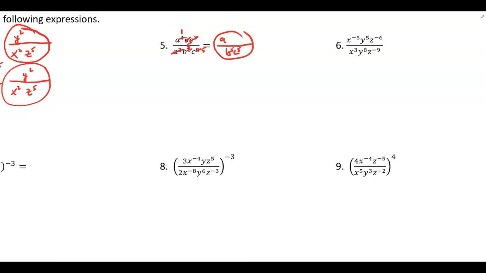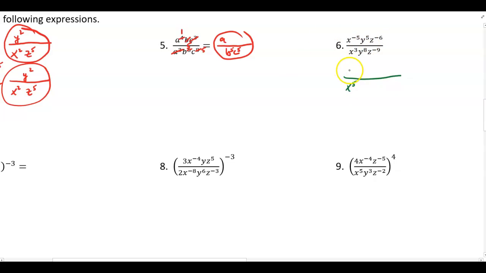Now the next one, what I like to do is first get rid of negative exponents. I go to each factor in the numerator and denominator and determine if the exponent is positive, it's going to stay. If it's negative, it's going to move. So I look, x to the negative 5, to make that exponent positive, we bring it down.